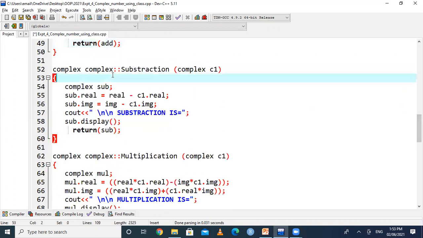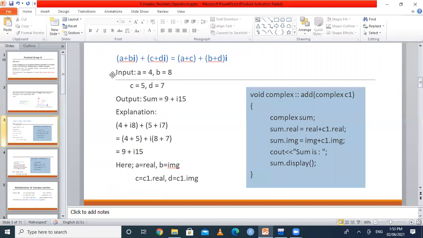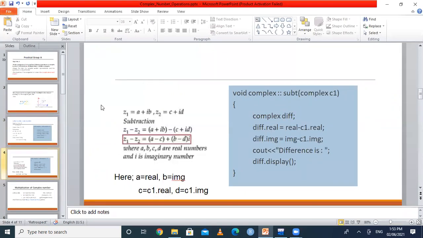Similarly, we can go for subtraction, and subtraction is similar to addition. In addition, we add the real part and the imaginary part separately. The same thing we have to do for subtraction. The subtraction of the real part is indicated by difference dot real, and the subtraction of the imaginary part by difference dot imaginary.